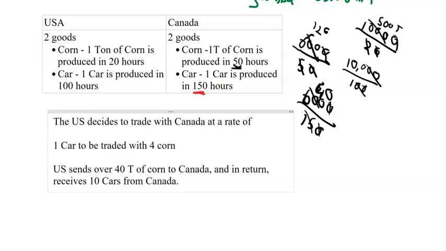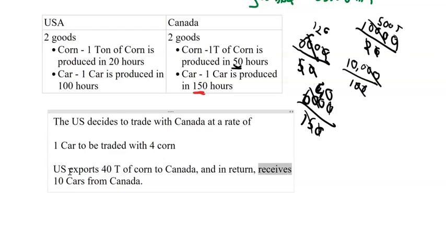Now let's add a couple of new terms here. Instead of saying sends over, whenever a country sells products to another country, we will call this export. And in receive, if it buys products from another country, we will say imports.